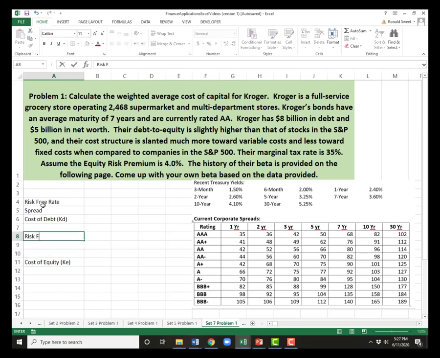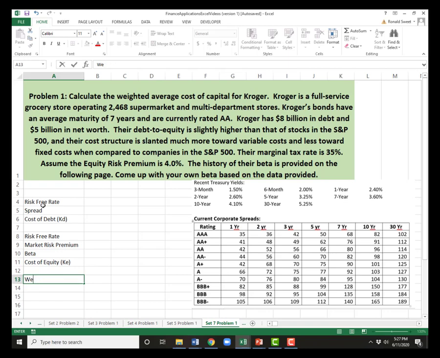We need a risk-free rate. We need a market or equity risk premium. Remember, those two terms are the same. And we need a beta. And in the financial application set A, we'll get in more detail how to do the beta. But that will give us the cost of equity. We need to know the weight of debt.